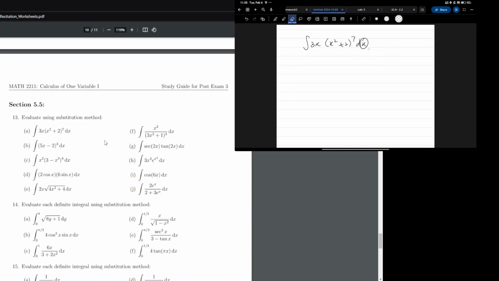Now, as for what the actual method is, we have two goals. First, to take care of this complicated part, and second, to change this x, this variable, into another variable for which that integral will be valid.